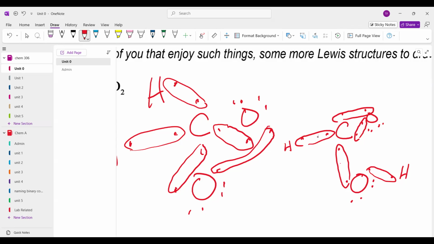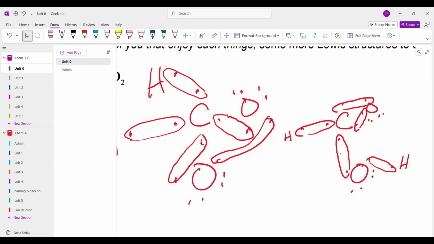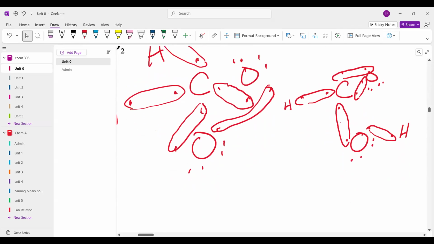And this is what formic acid looks like. So if we were to draw line structures representing that, it would look like this. And we're going to find when we study the acids chapter, this is the part that makes an organic acid.